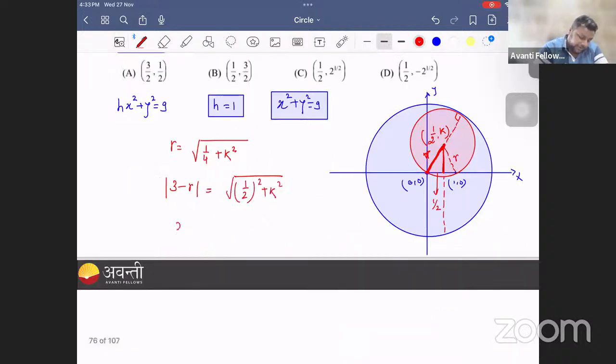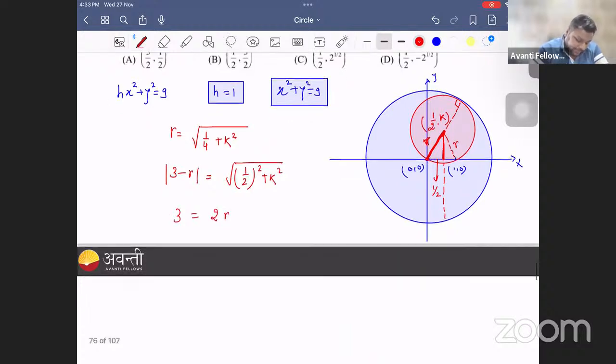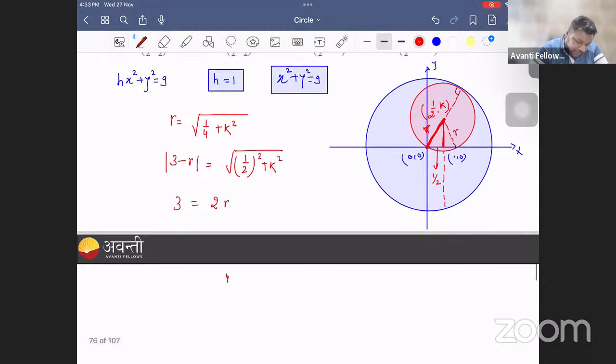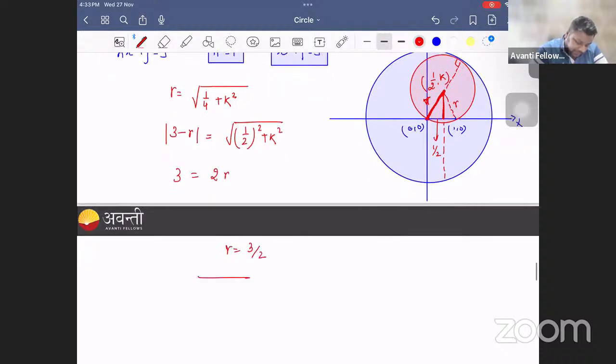So 3 will be equal to what? 2 times r. So r should be 3 by 2. That means under root of 1 by 2 square plus k square is 3 by 2, 3 by 2.